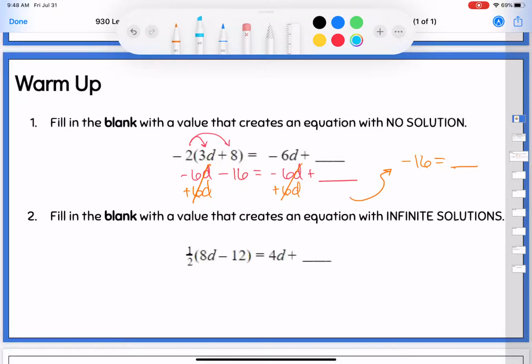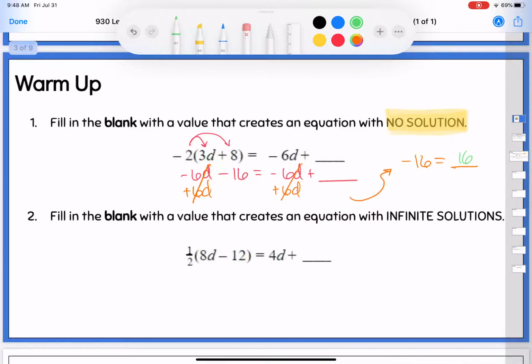All right, now if I want this equation to have no solution, then that means, what do I have to put in this blank? For no solution, the two sides cannot be equal. So I could put in 8 here. I could put in 0 here. I could put in +16.